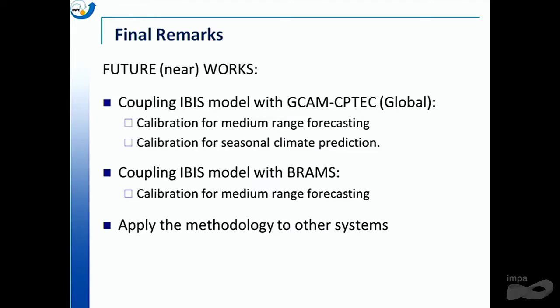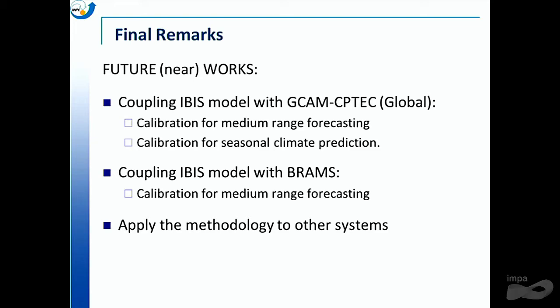and different parameters. And the future work includes coupling the IBIS model with the global model from the CPTEC. CPTEC is the Center for Weather Prediction and Climate Studies from the National Institute for Space Research here in Brazil. And this center is responsible for producing the numerical weather prediction for the nation, Brazil.